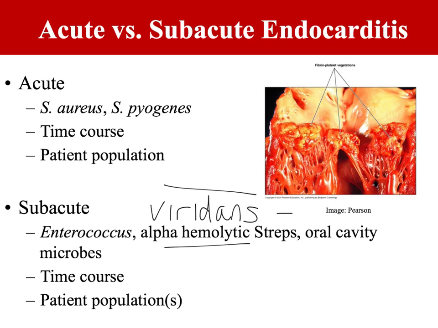This is not a word with any taxonomic standing. It is not a species, even though a lot of books or board review materials refer to Streptococcus viridans. That is not really a thing, but it is a word that you see a lot because despite massive efforts by microbiologists and prokaryotic taxonomists, we cannot seem to dislodge this word from anybody's memory.